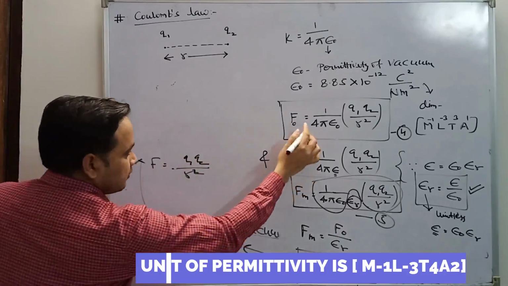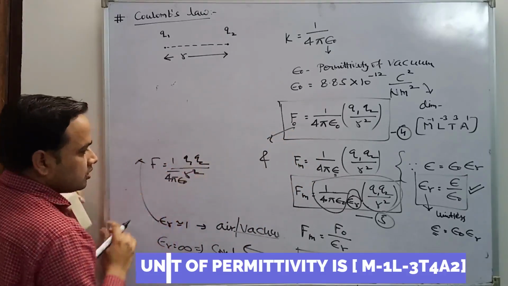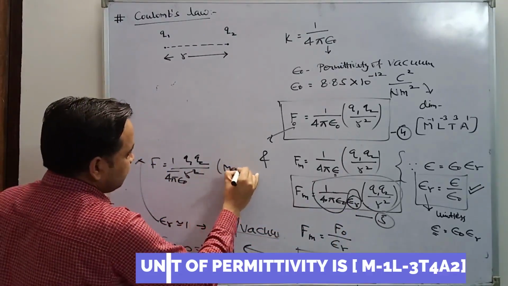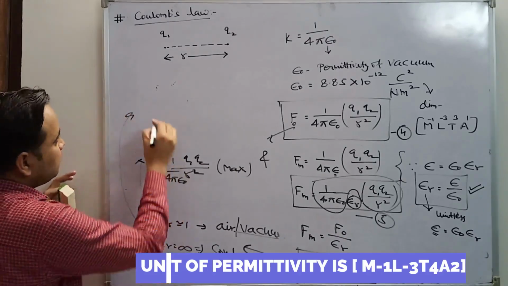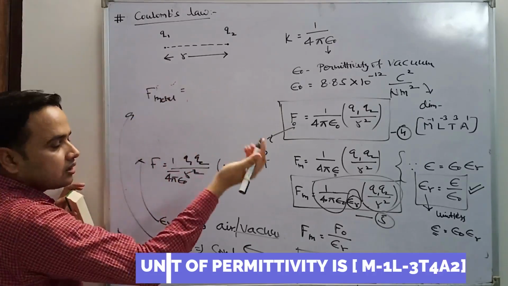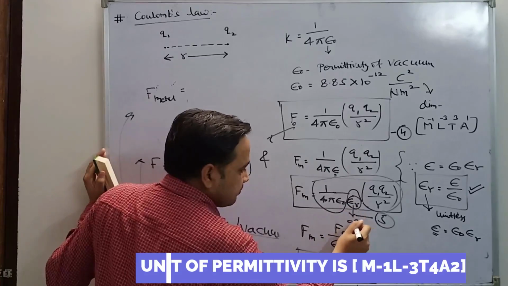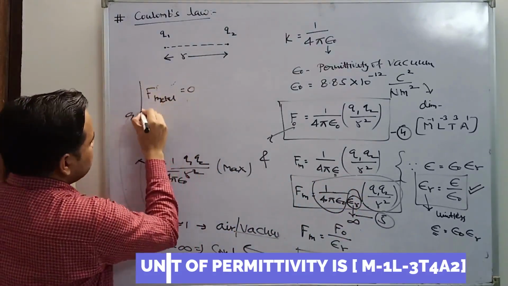K, from this equation, is 1 upon 4 pi epsilon naught. If you put epsilon r equal to 1, then force is maximum. Second thing, if we put epsilon r equal to infinite for metal or conductor, in place of epsilon r we put infinite, then something upon infinite is equal to 0.